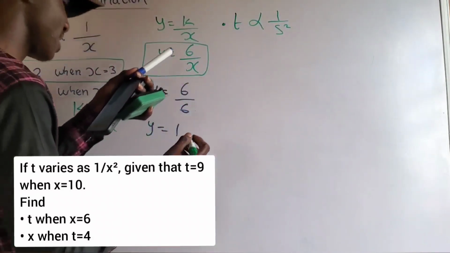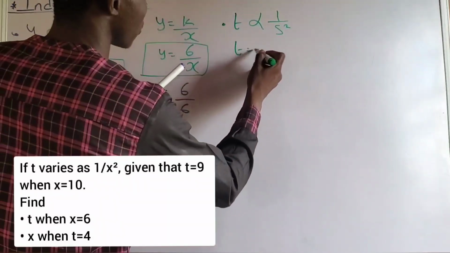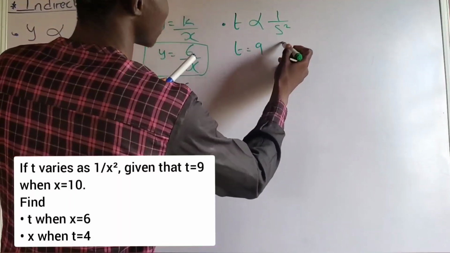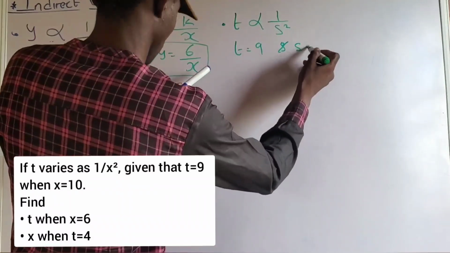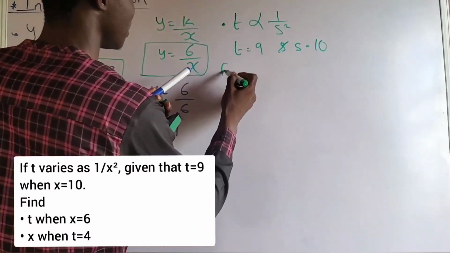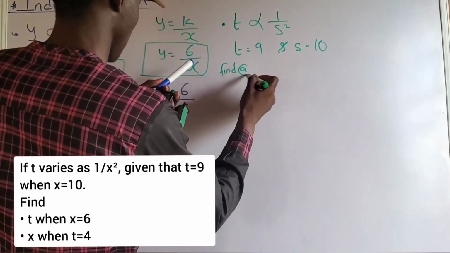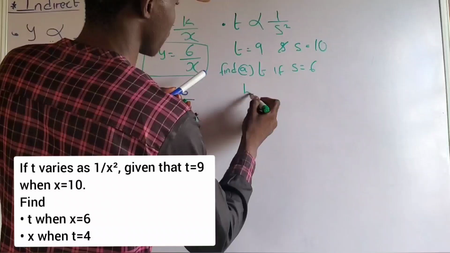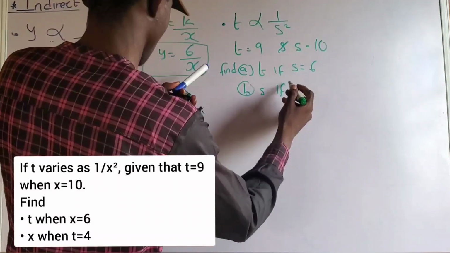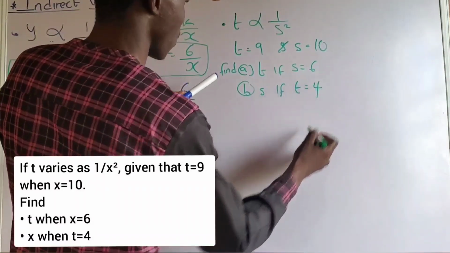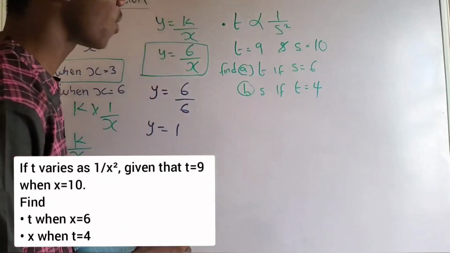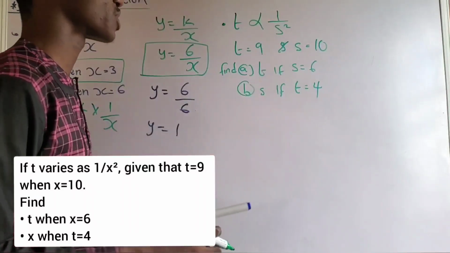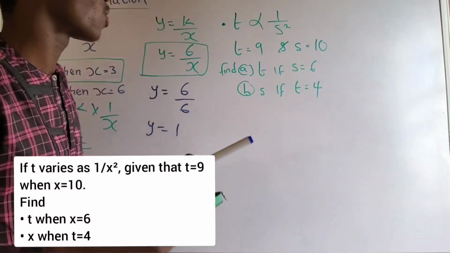We are given that t equals 9 and s equals 10. We have to find t if s equals 6, and we have to find s if t equals 4. Let's first start with the first question. We have to find t when s equals 6.